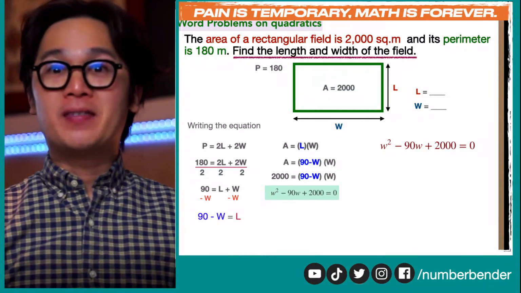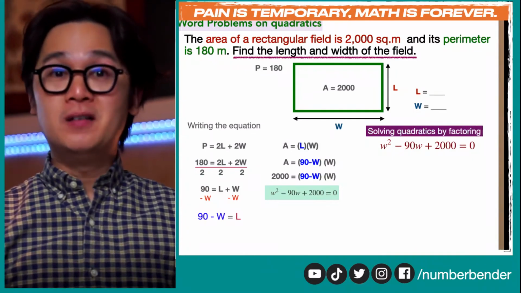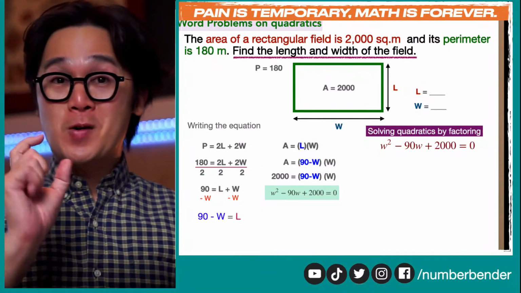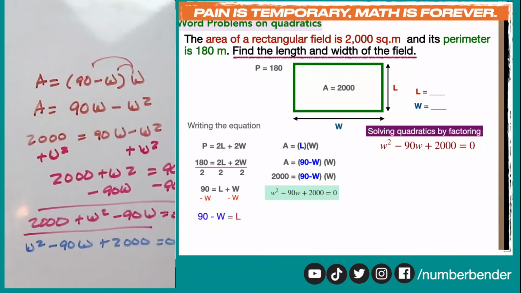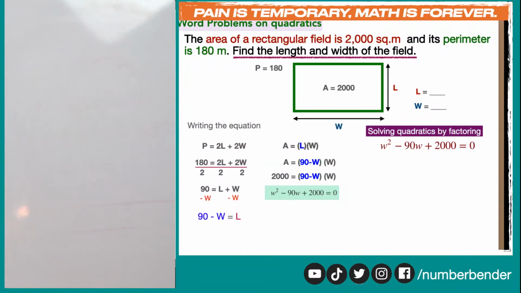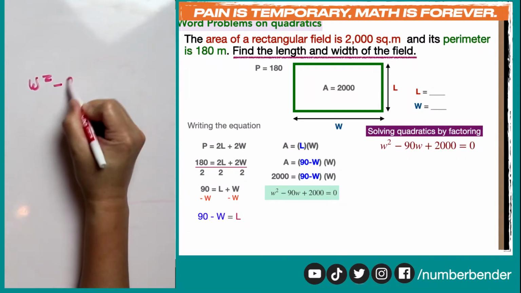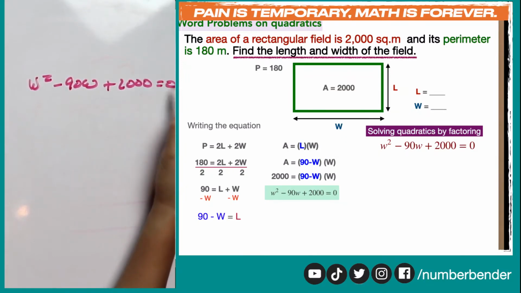And I know that this particular quadratic equation is factorable, and to be able to do that, you need to know your multiplication table really well. So how are we going to factor this out? We're factoring W squared minus 90W plus 2,000 equals 0.